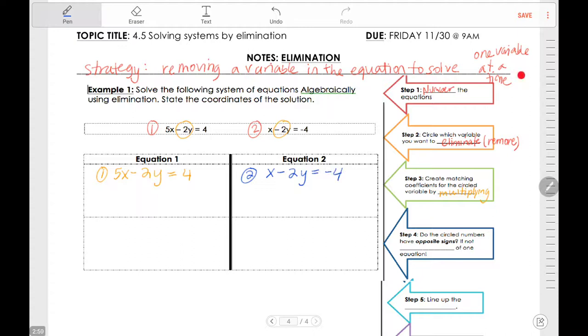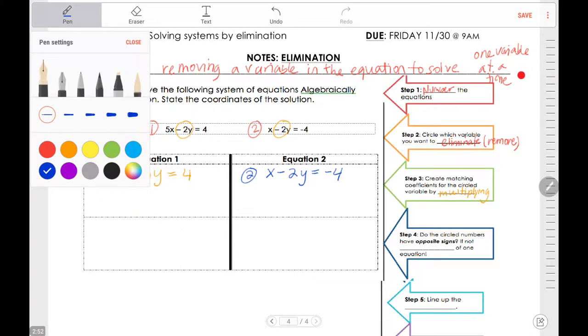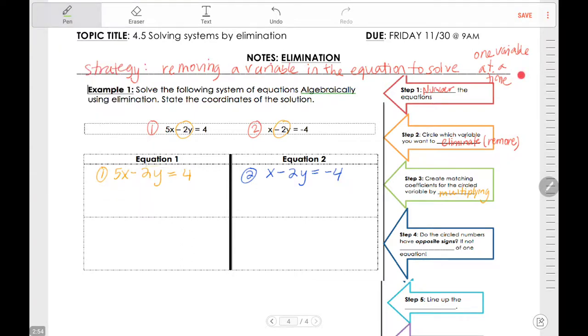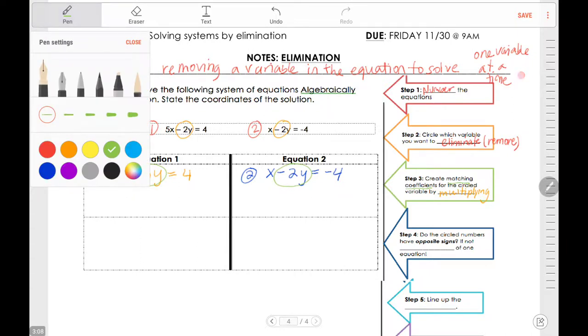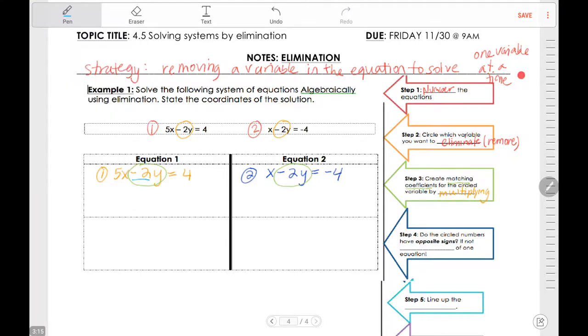First off, I want to eliminate the y. So I need to look at, well, what does my y term have? In the first equation, it's negative 2y. In my second equation, it's negative 2y. Create matching coefficients. Do they have matching coefficients? Do they have matching numbers in front of the y? Yes, they do. This has a negative 2, and this also has a negative 2. So this step, I don't really have to do anything.